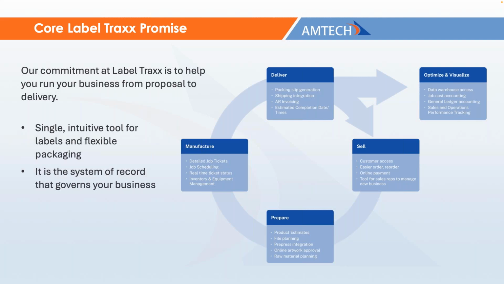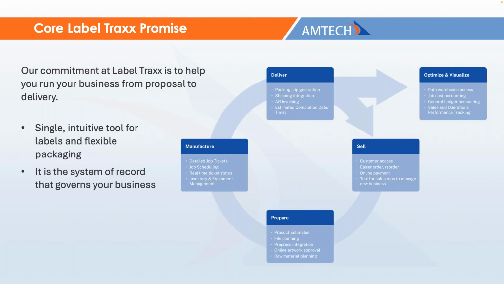And Label Traxx helps you to go from selling, from order to cash, from selling to planning, to manufacturing, to delivering, and then optimizing and visualizing your business. And we have tools inside our application for doing all of that.